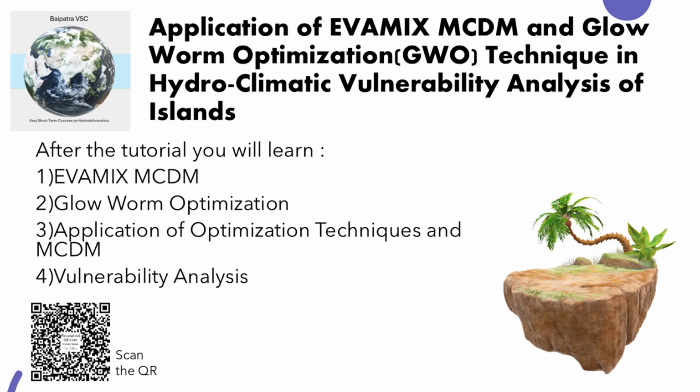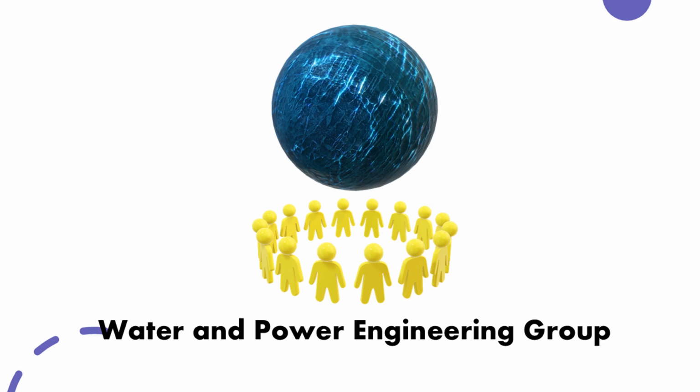That means, let me explain it a bit more. Even if there are 50 parameters which can represent the vulnerability, not all the parameters are equally significant or important. I think only 10 or 5 among all these 50 or 60 parameters will be really important.